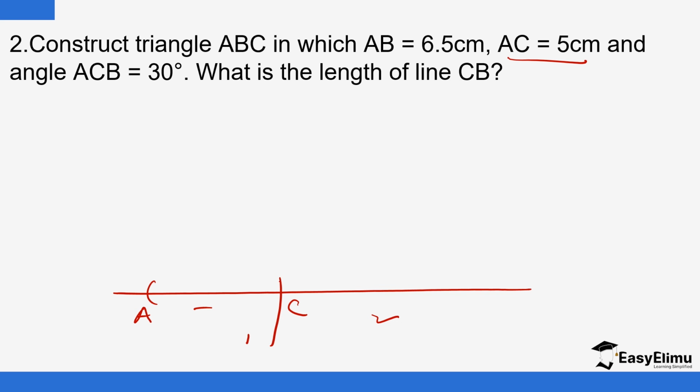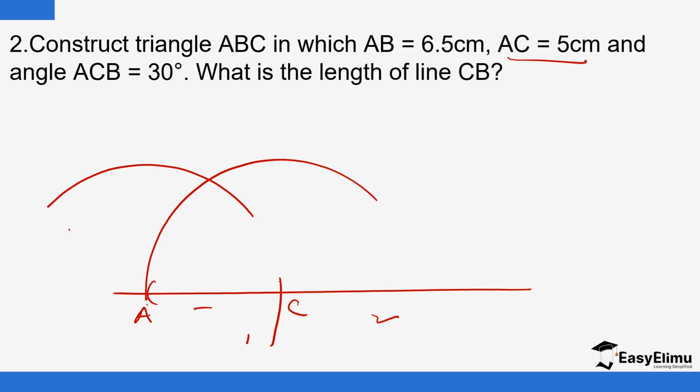The same thing that I did in the previous case, I'll use C as the center and draw a long arc. Then I use the point where the arc cuts the line as the center and draw another arc.